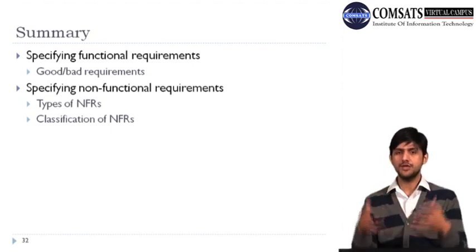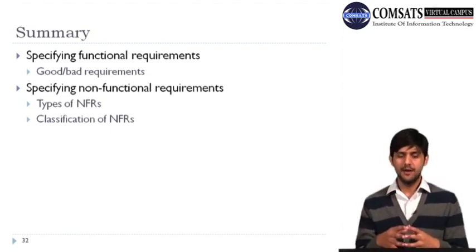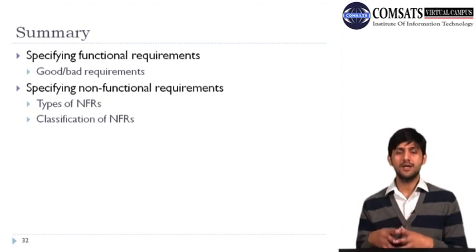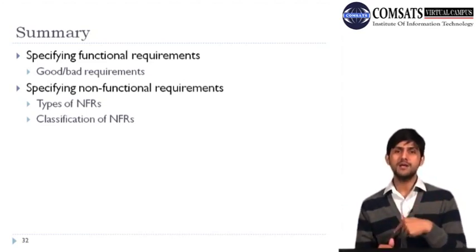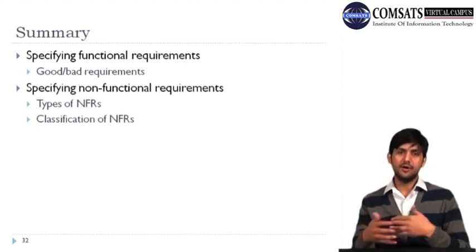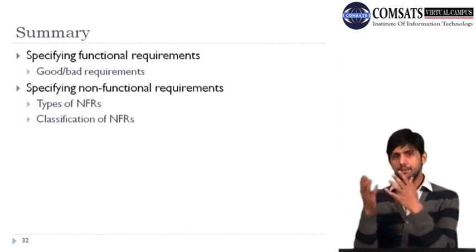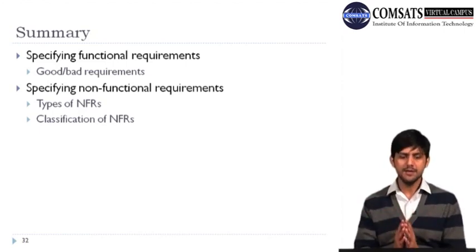For example, we changed this requirement and wrote it this way: the system should have an authentication procedure where each user should enter his login and password to access the data. So we changed that non-functional requirement to a functional requirement.